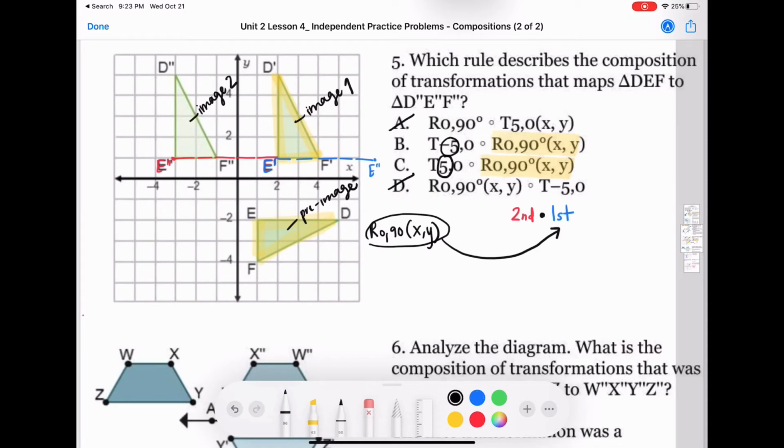And therefore, we know that B is our correct answer. First, we complete a rotation about the origin 90 degrees, and then we complete a translation 5 units to the left. Let's look at the next problem.